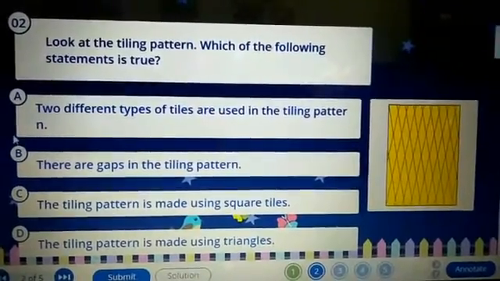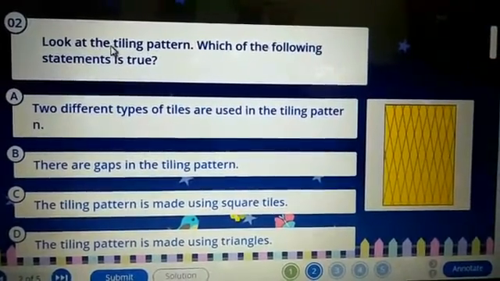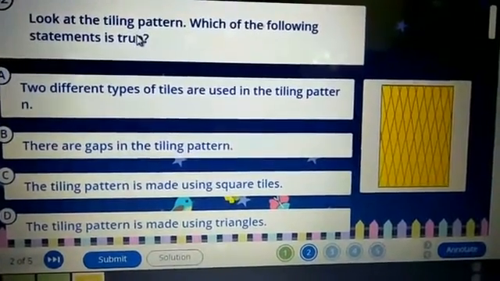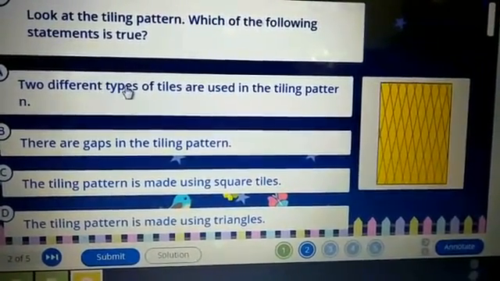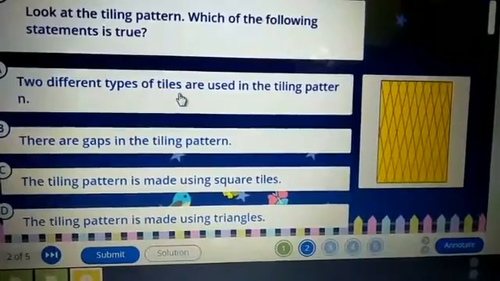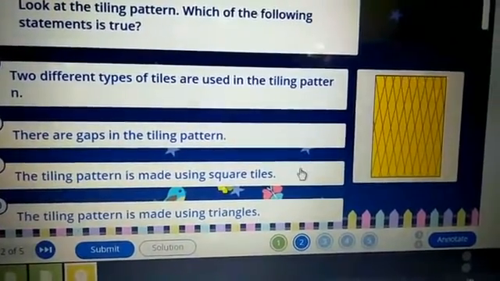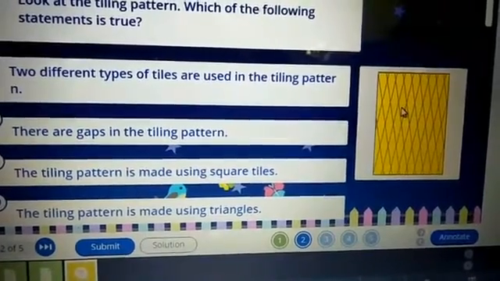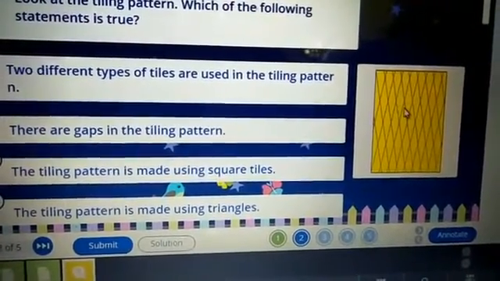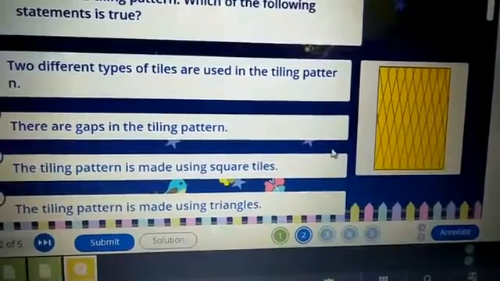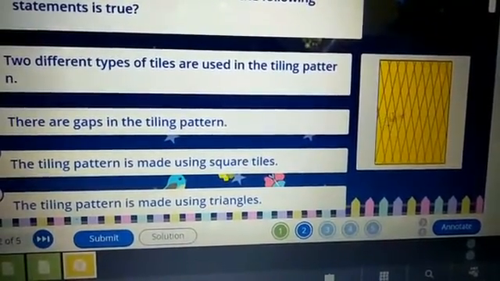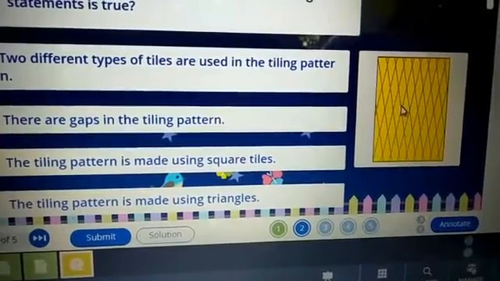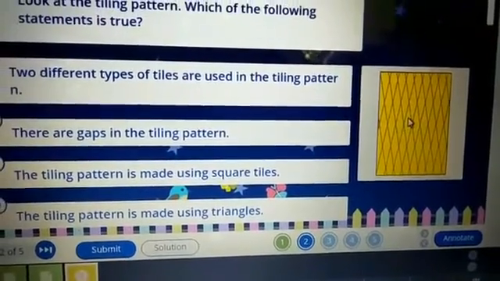Children, our next question. Look at the tiling pattern. Which of the following statements is true? Two different types of tiles are used in the tiling pattern. See here, are there any two different types? No, only a single type here. Then, there are gaps in the tiling pattern. Is there any gap here? No, that is also wrong.